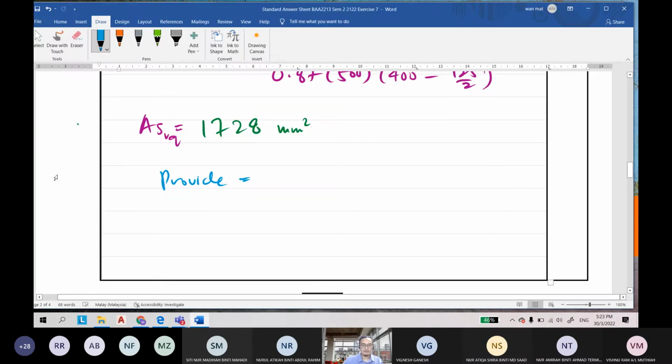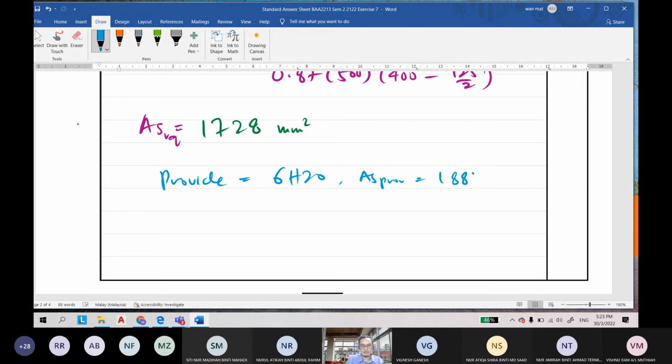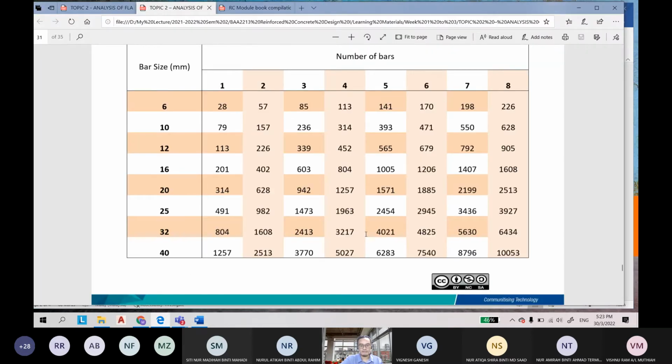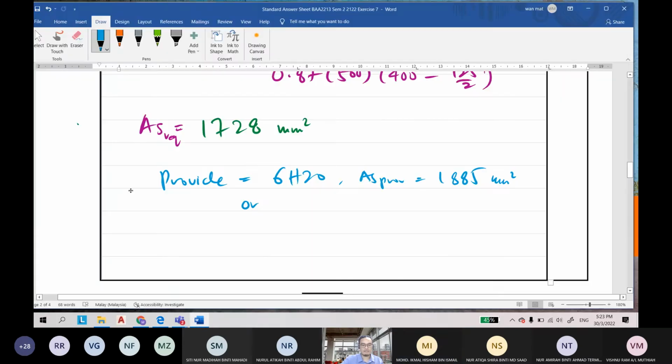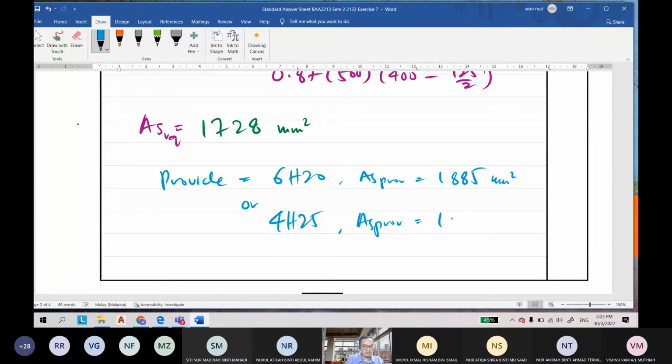6H20 where AS provided is equal to 1885 mm square, or any other answer? 4H25, the AS provided is equal to 1963 mm square.